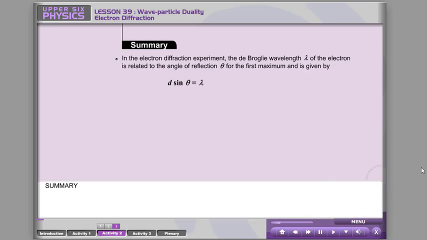Summary. In the electron diffraction experiment, the de Broglie wavelength lambda of the electron is related to the angle of diffraction theta for the first maximum and is given by d sin theta equals lambda.